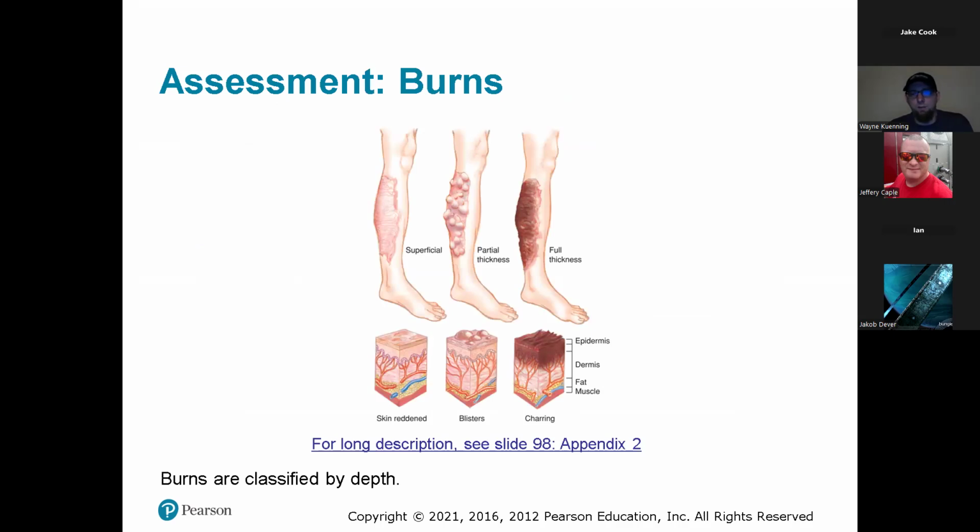So this is what used to be first, second, and third degree. It's now superficial, partial thickness, and full thickness. Superficial is your sunburns, your wind burns. I put my hand on something, no blisters. Partial thickness is they'll be blistered.